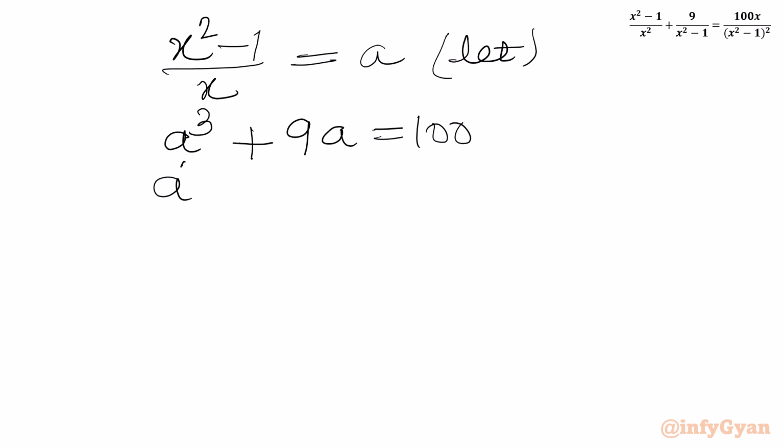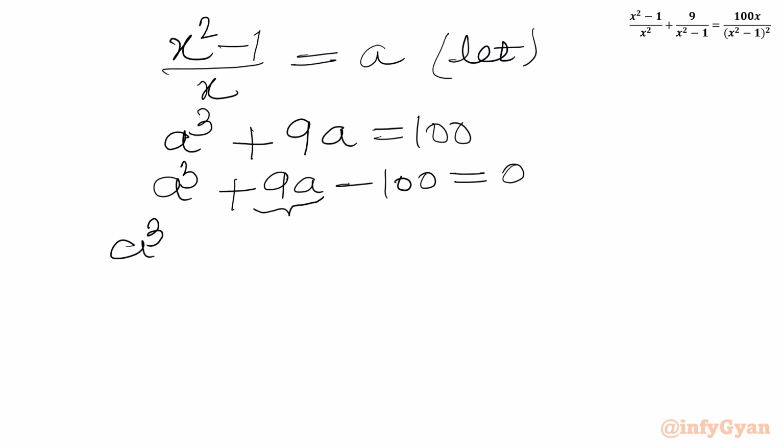So I will take all the terms to one side: a³ + 9a − 100 = 0. Now we will use the method of factorization. Let's split 9a as a³ and then I will write minus 16a. So I need to add 25a to get 9a, and then we have minus 100 equal to 0.